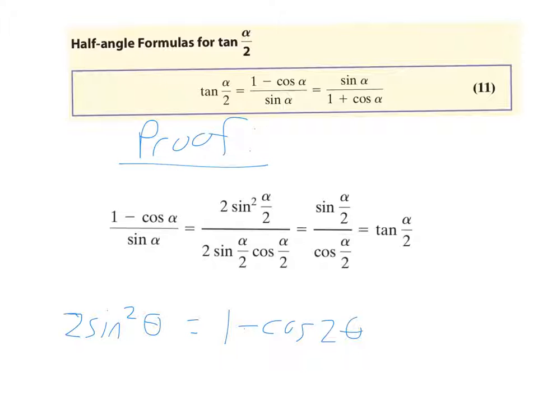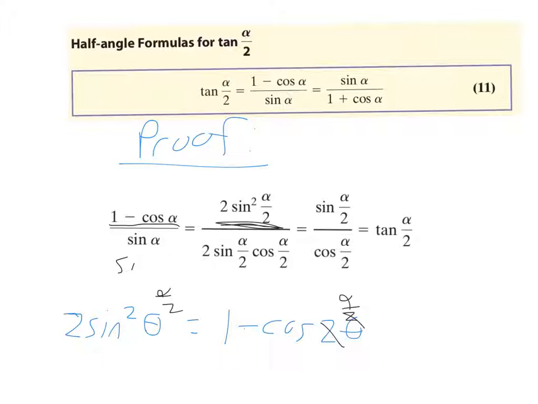So if we plug in alpha over 2, that's how we can rewrite this. The 2 and this alpha over 2, the 2's would cancel out, so that's how you end up with 1 minus cosine of alpha. And that's how you can rewrite this 2 sine squared of theta over 2.